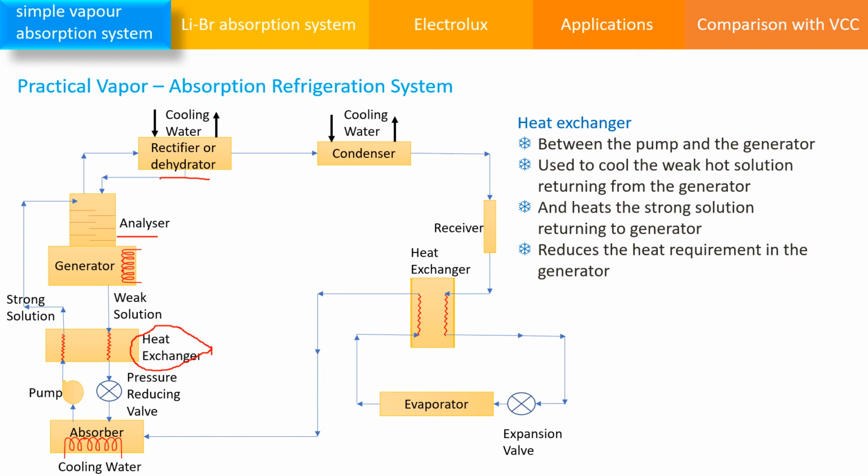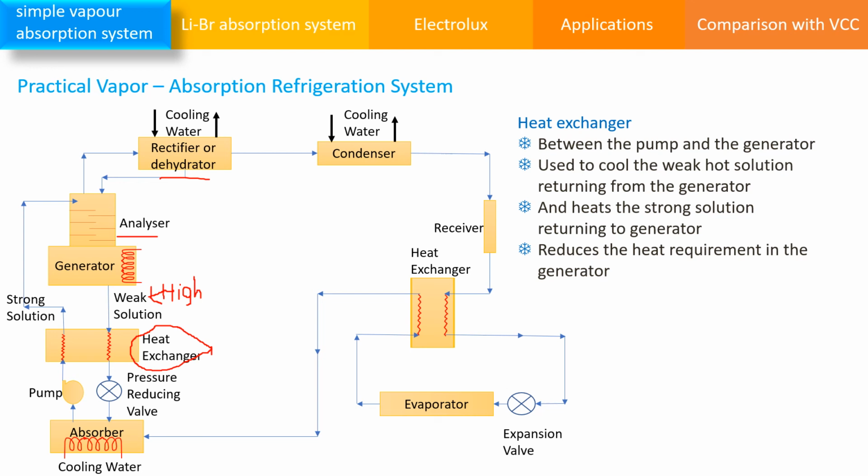The weak solution is at higher temperature because it is coming out from the generator, which has a heating coil inside it, and the generator heats the solution for generating the ammonia vapor, which passes through the analyzer and goes to the condenser as we know. So this weak solution is high in temperature, whereas the strong solution is high in pressure from the pump but at lower temperature than the weak solution.